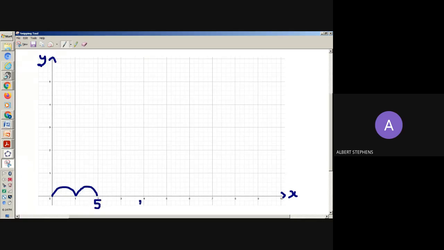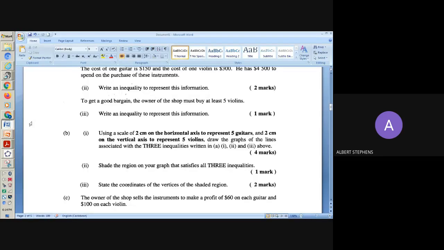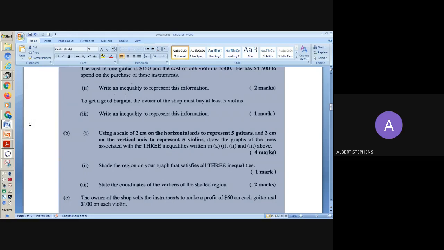All right, so 5. So you skip one line. 5, 10, 15, 20, 25. All right, your one should go a little bit further here. Don't stop at 25. Carry it all the way out to the end of your graph paper. And X represents guitars.